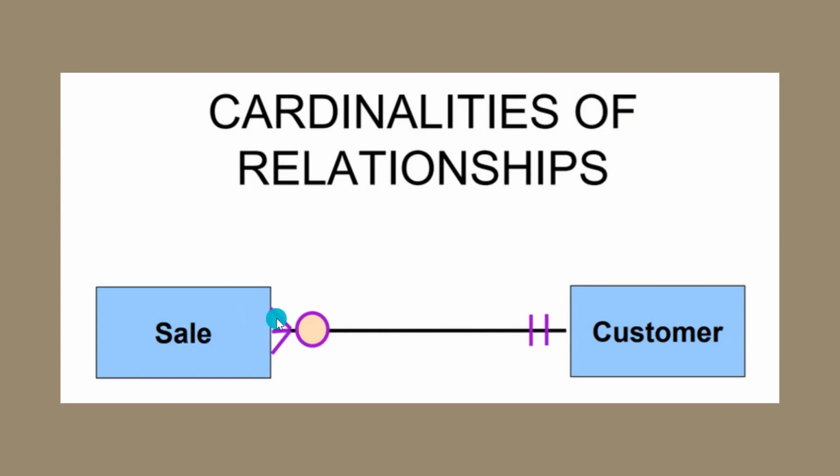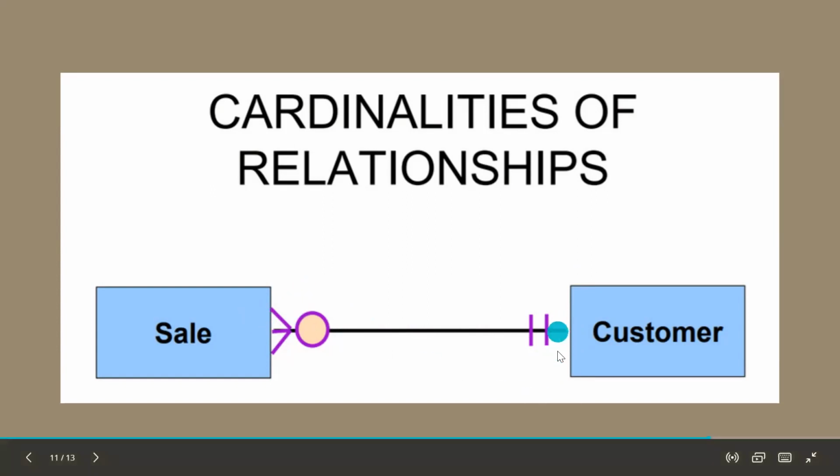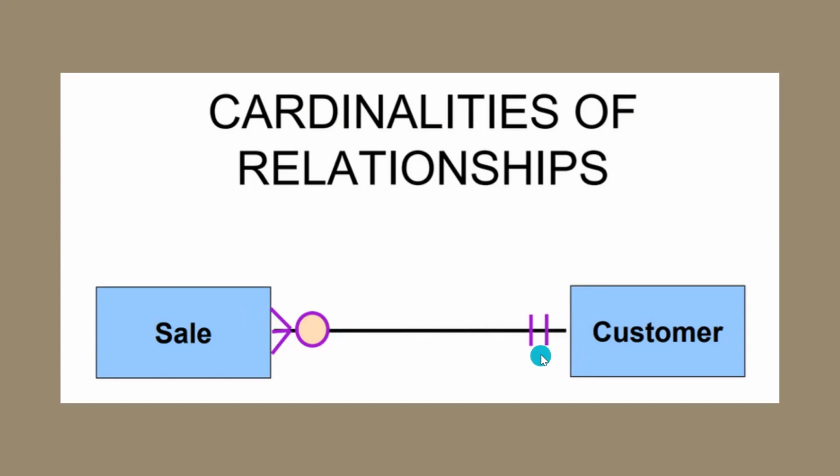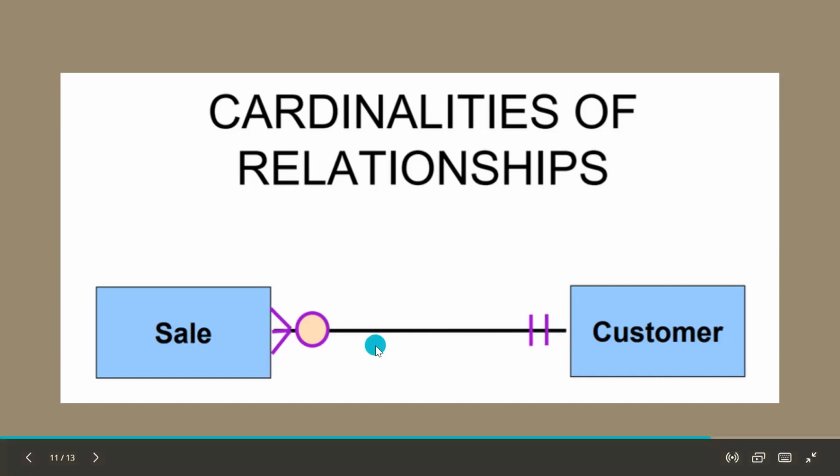Well, how about this symbol and this one? This is called the maximum cardinality. It can be either one, this single stroke, or many, this crow's foot. The maximum cardinality symbol next to the customer is the symbol for one, this single stroke here. It is different from the minimum. This one is a maximum cardinality, which means that for every occurrence of a sale, there can be no more than one customer involved.